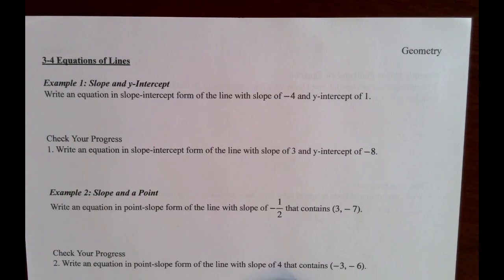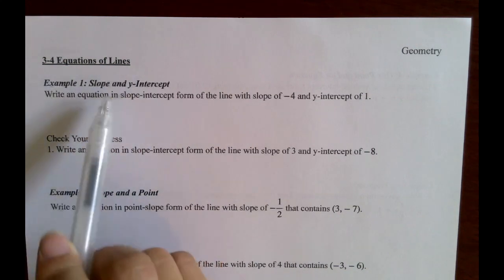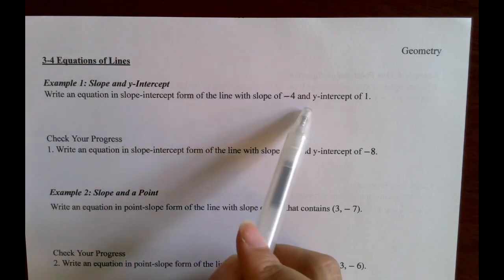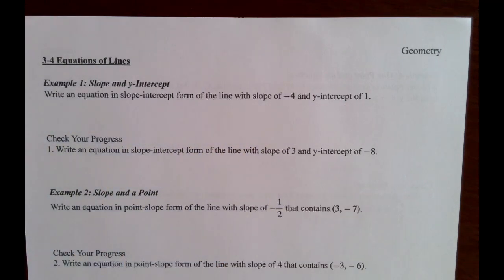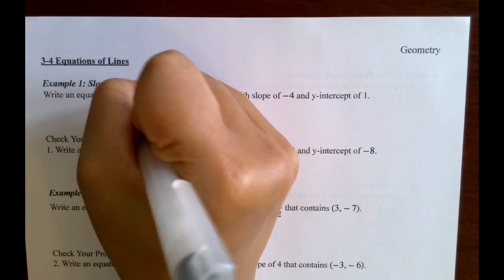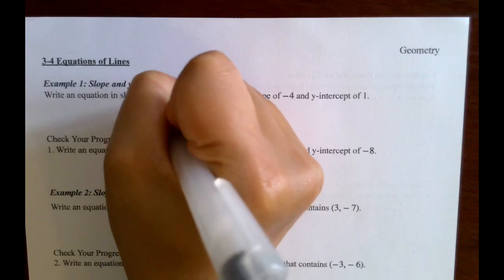Okay. So here with example 1, all of this should be pretty much review. It says to write an equation in slope-intercept form of the line with slope of -4 and y-intercept of -1. So slope-intercept form you should know is y equals mx plus b.